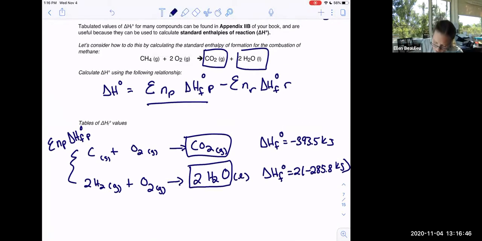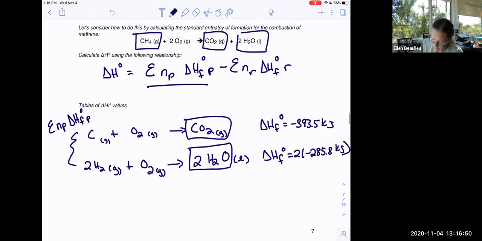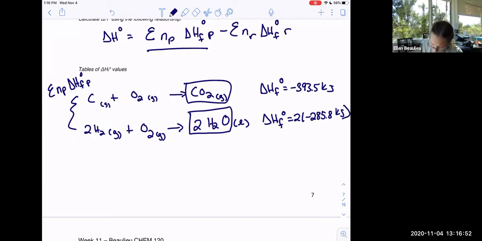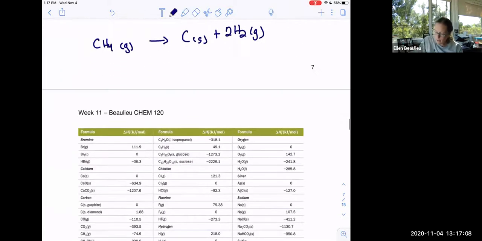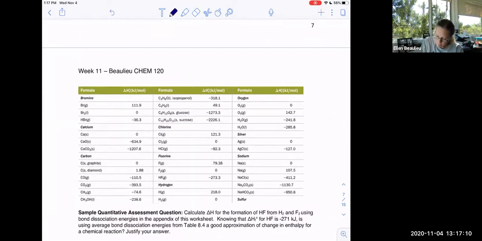Well, now I have my reactant, methane. I need it to be a reactant, and I need 1 mole of it. Well, it came from carbon and hydrogen. If I look in my table, here's methane gas.